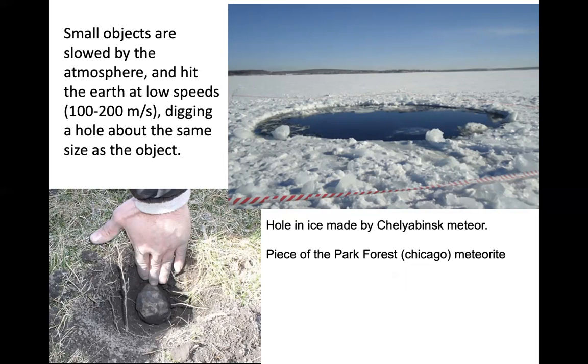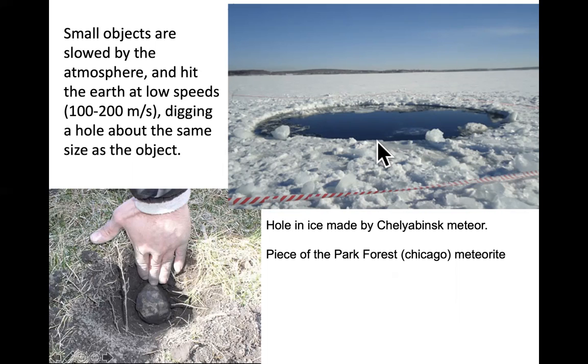That energy goes into heating the atmosphere and slowing the object down so that when it actually hits the surface, it's moving at a more sensible speed of 100 to 200 meters per second, enough to dig a small hole but not do too much damage. The Chelyabinsk meteor also did this. It slowed down to the same sort of speed before it hit the lake and made this hole.